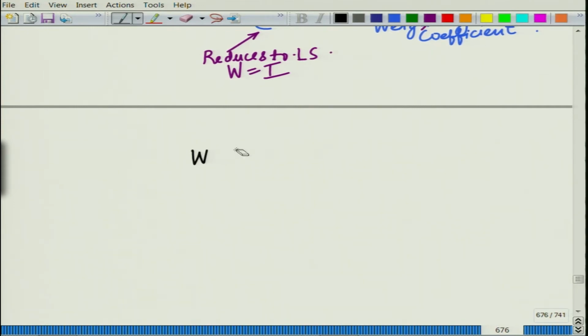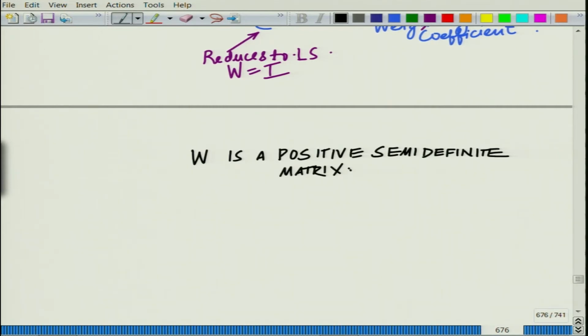W is restricted to be a positive semi-definite matrix. We also abbreviate this as PSD.